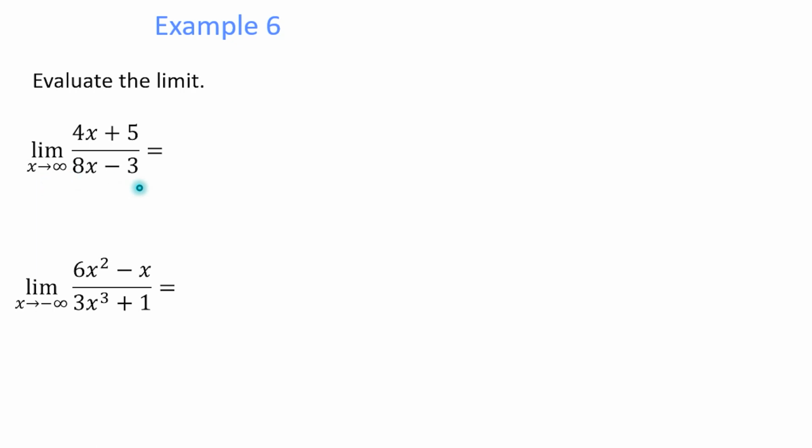If I want to evaluate my first limit, I need to divide all the terms by x. If I divide both the numerator and denominator by x, I will not change the value of my fraction. So this means I need to write up this modification. I will simply simplify with x in these first terms, in both the numerator and the denominator.